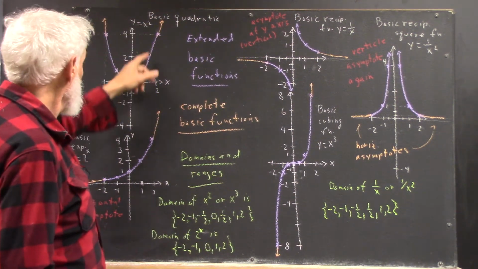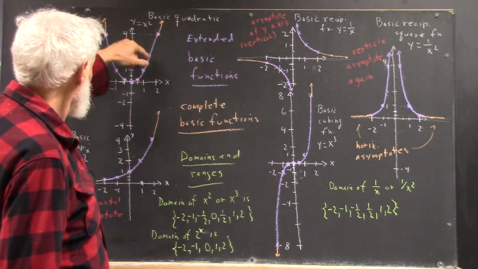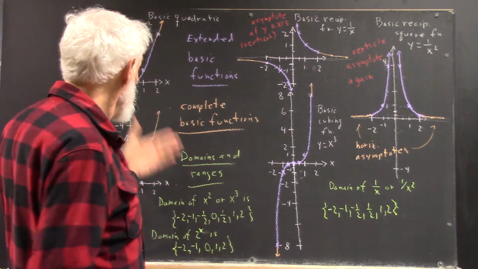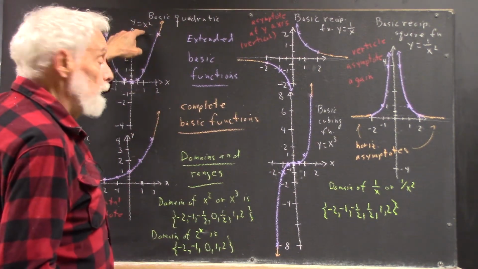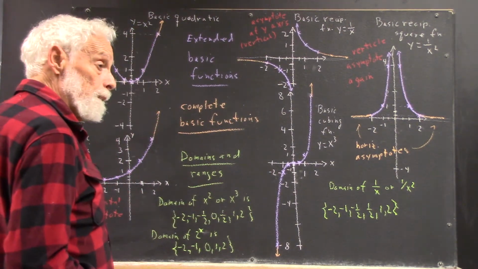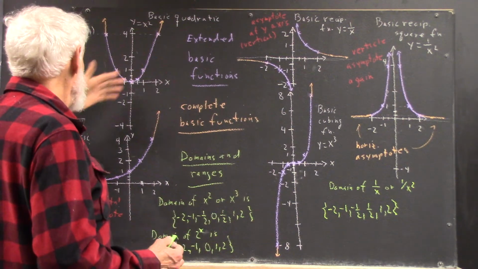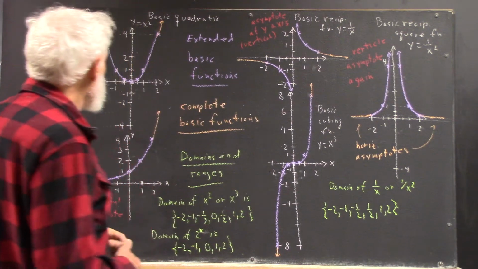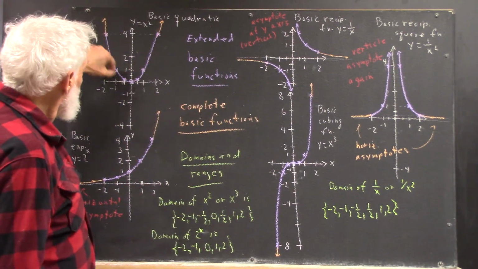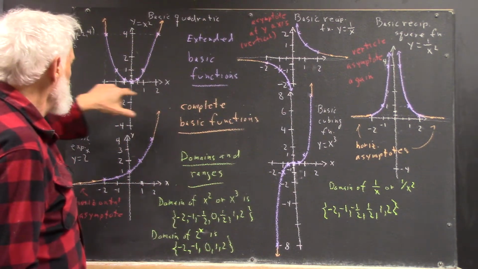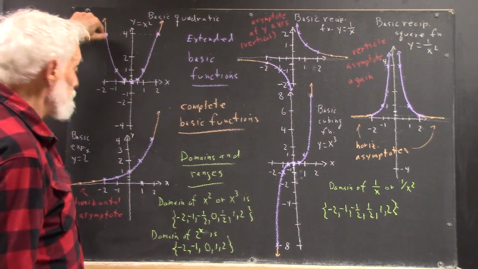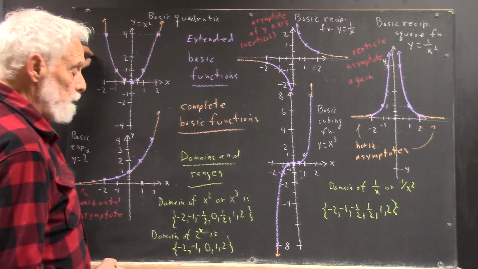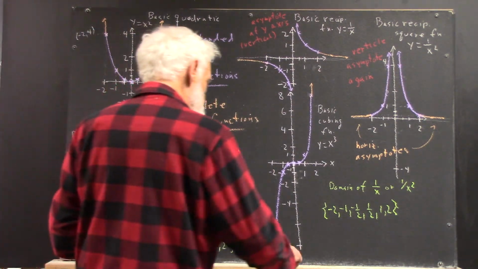So for any value of x, we can find a value of y from this graph. We might not find a really accurate value of y, but we could estimate the value of our x squared function at every point. Point is that every point from -2 to 2 has a y value associated with it. So the domain is the entire interval from -2 to 2.